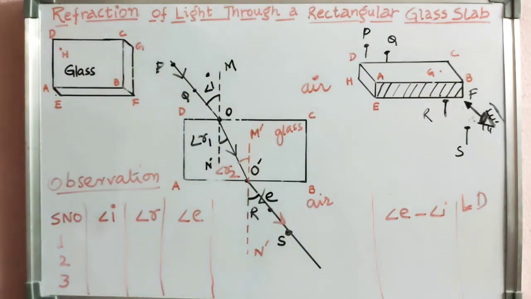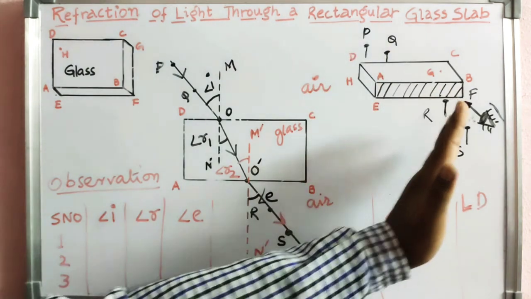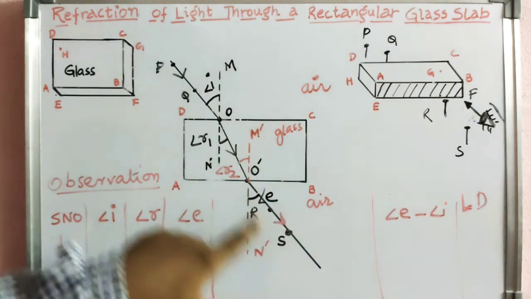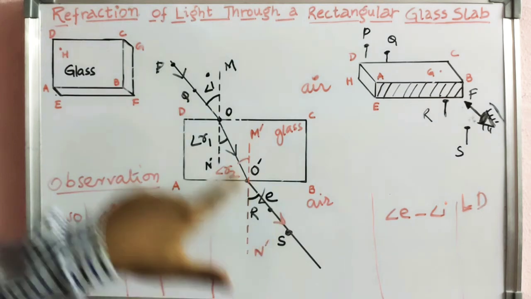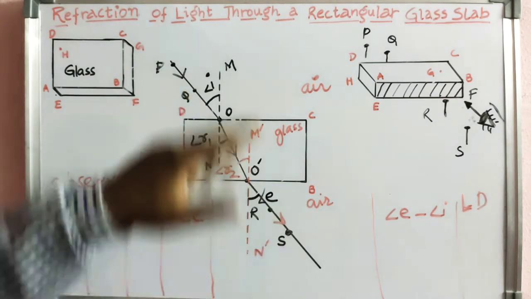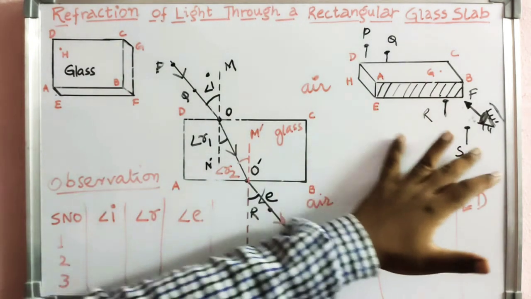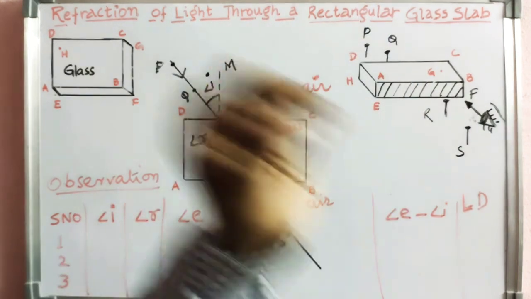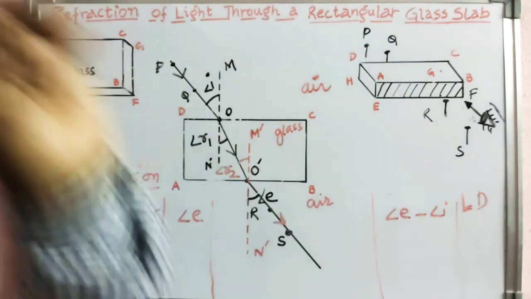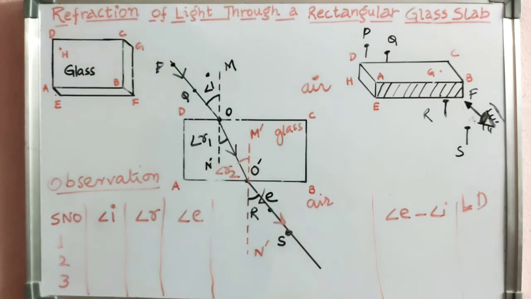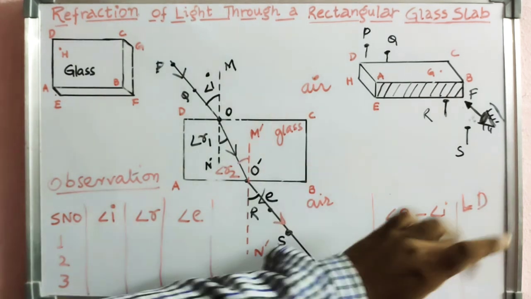Better to take 4 centimeters, because when you are drawing these rays and judging whether they are in a straight line or not, the more distance you take, the better will be your accuracy, your judgment, your result, and the better marks you will get.